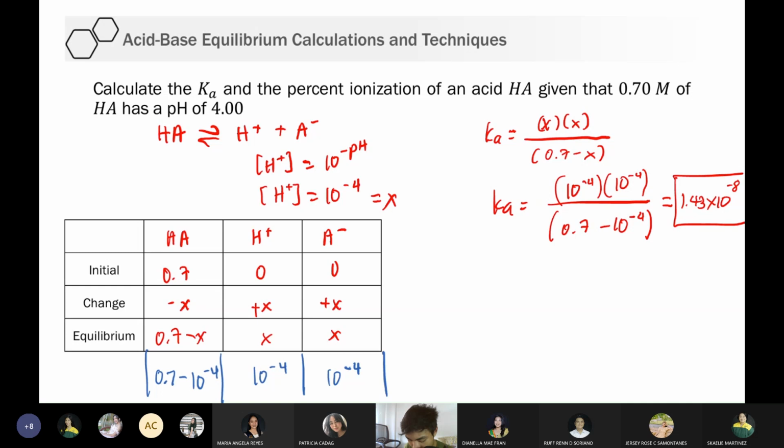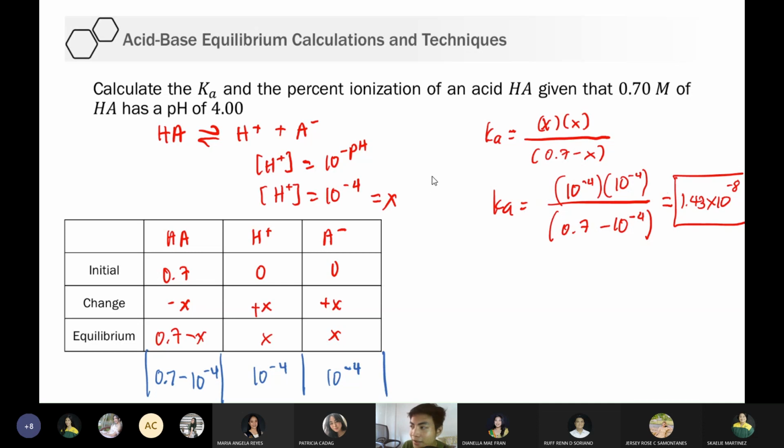Galing, no? As long as you know kung ano yung ating pH, nalaman mo na yung H+ at equilibrium, and since that corresponds to X, alam mo na rin yung iba. So since alam mo na yung equilibrium amounts nila, you plug it in your Ka, you get your Ka value, di ba? So ito yung mga moderate type questions, no? So expect some of this sa inyong quiz pa sa exam, no?